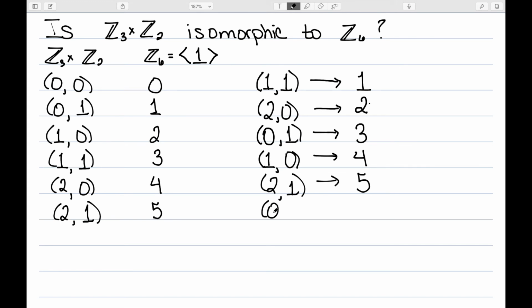Finally, my last element is 0,0. If I were to double this element, 0 plus 0 is 0, and 1 plus 1 mod 2 is 0. So that needs to go to 3 plus 3, which is 0. So I went ahead and checked some of my operations, and you can double check the rest. Form your two group tables and show that they are the same under these correspondences here. And you will get that these are isomorphic.